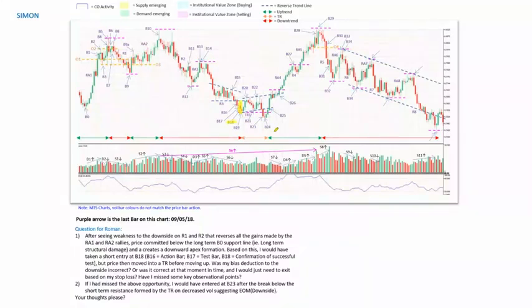I thought that was weakness due to the background context, which is the falling price and the lower lows and lower highs. So I thought the breakout of B16 looked weak, and I was waiting for the retest. B16 I deemed to be the action bar, B17 was the test, and B18 was the confirmation, and that's when I would have taken the short entry.